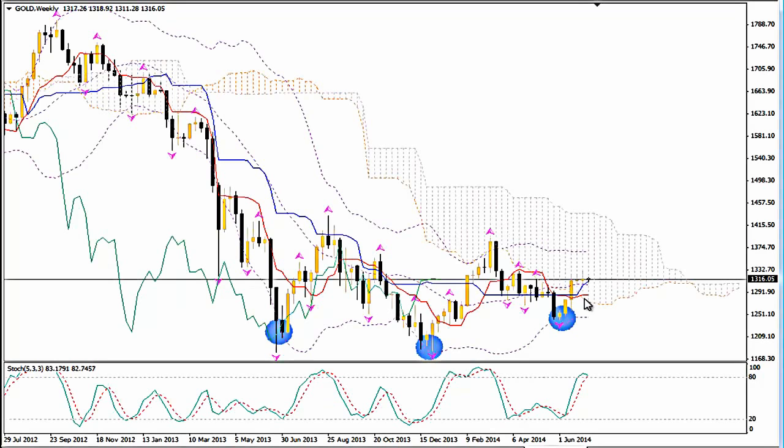So the price wants to go up against sell orders, while we see here that buying orders are gradually increasing, and we should expect a boom.